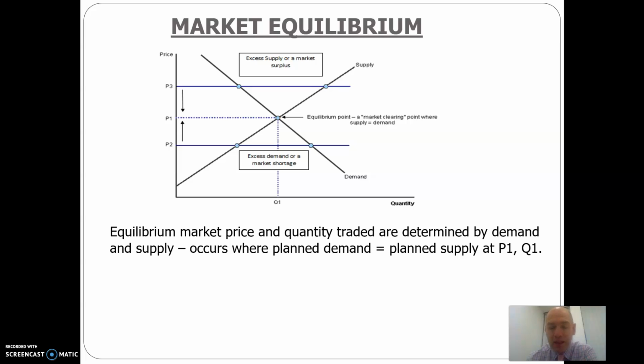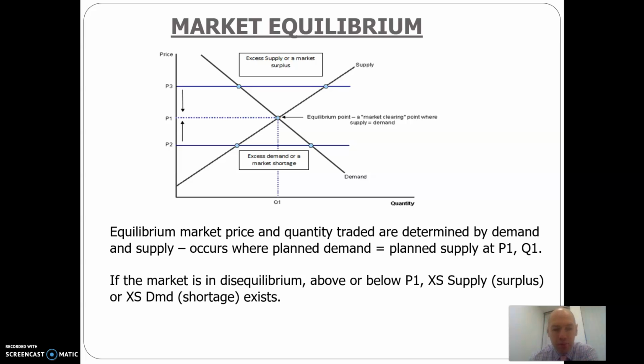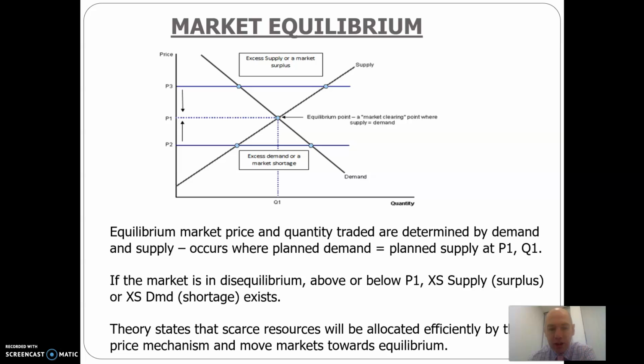Their plans are met, and that is the market clearing price. However, the market is in disequilibrium at any other place. Above the price there would be excess supply or a surplus. Below the equilibrium price, at a price such as P2, there would be excess demand or a shortage.